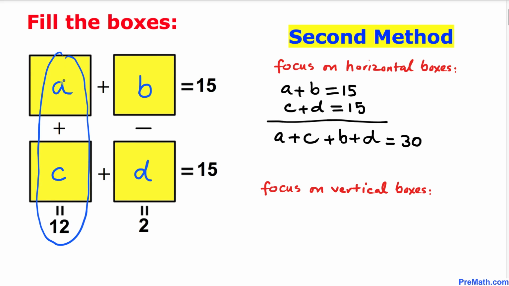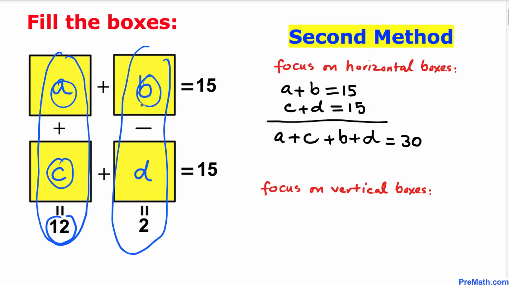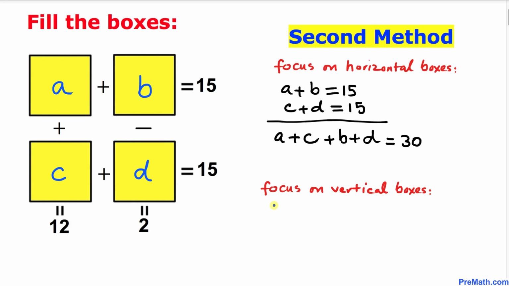We have A plus C equals 12, and the other vertical boxes are B minus D equals 2. Let me write down A plus C equal to 12 and B minus D equals 2.